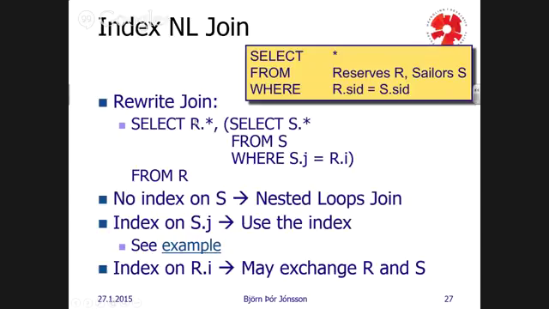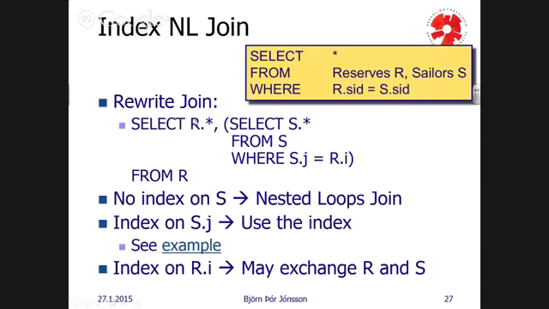And again, how do we know if we should use an index? How does the system know? Yeah, first it's going to go through the catalogs and find out whether there are indexes. Once it's done that, how does it know whether to use them or not?